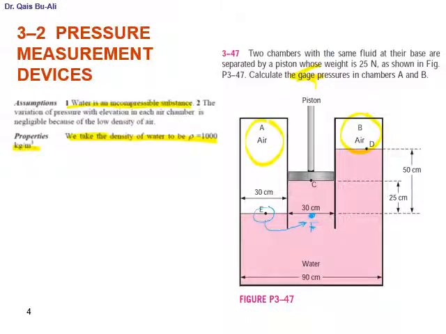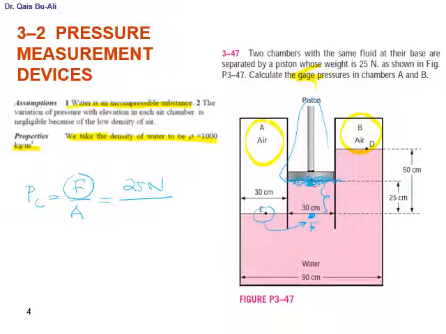But how to find the pressure at point F? We have to consider the pressure caused by this piston at point C plus this head pressure. So how to find the pressure at point C? We can say that PC is equal to F divided by A, where F is just the force, which is the weight of the piston, 25 newtons. The question is how to find A, the area of this piston.